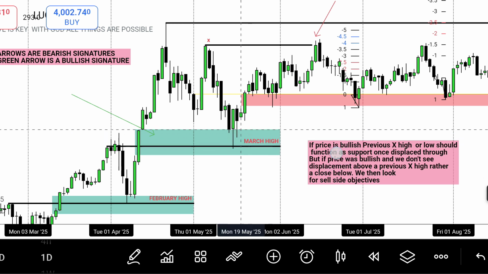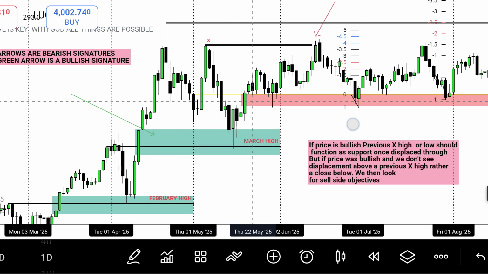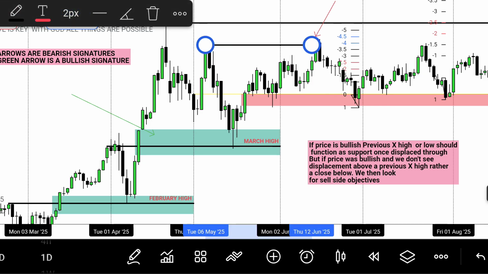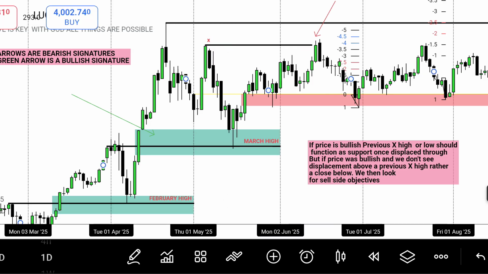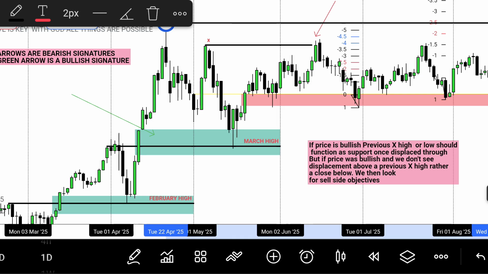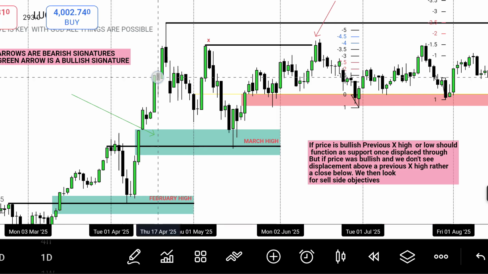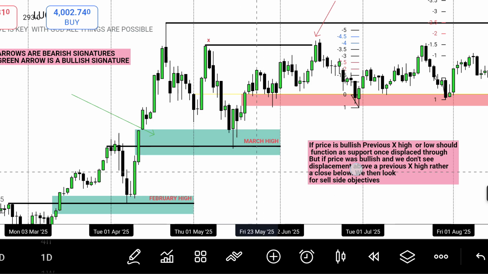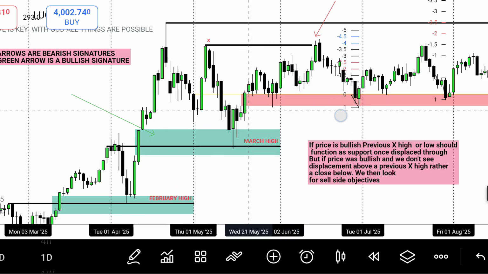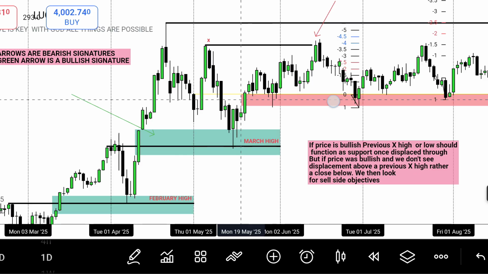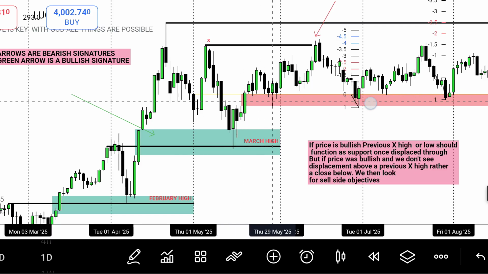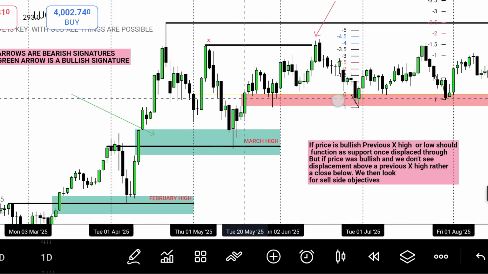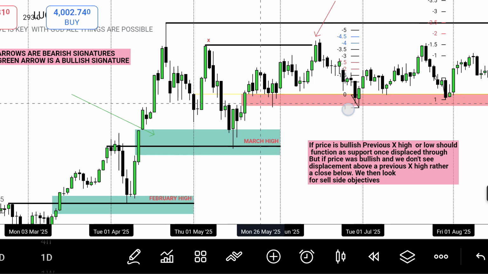My eye will be immediately drawn to the buy side liquidity resting above this high and this high, this high being April's high and this one being May's high. Before that, a fair value gap gets created, and how was it created?